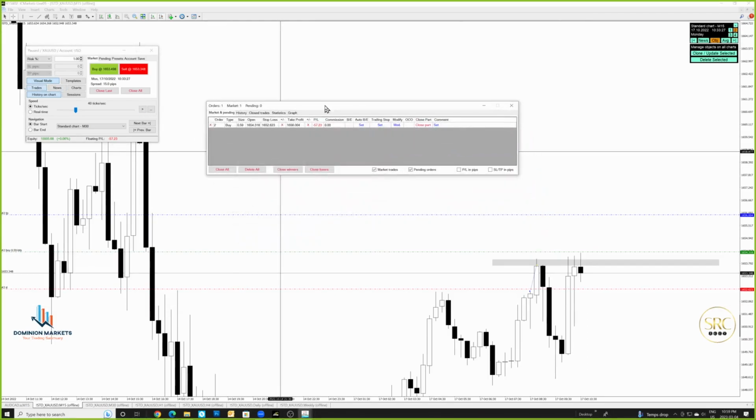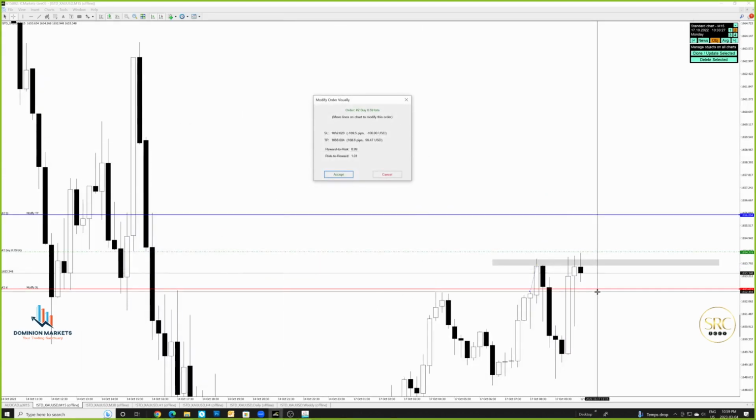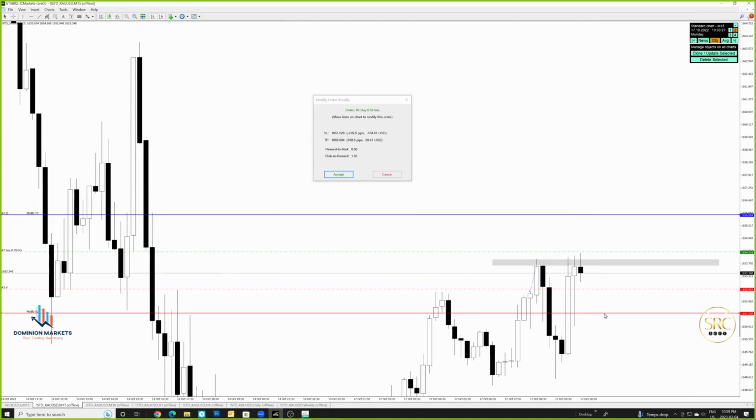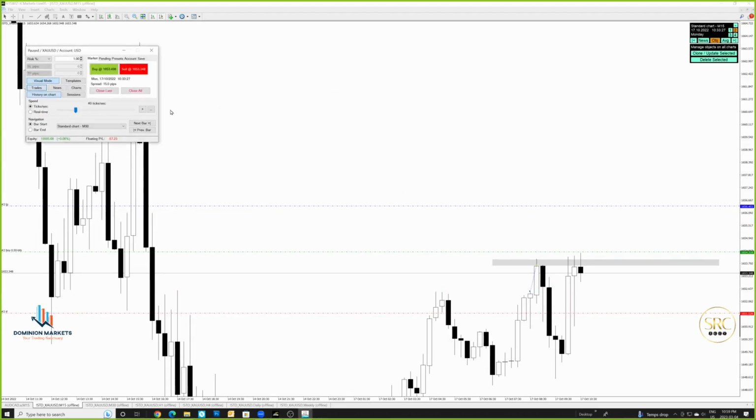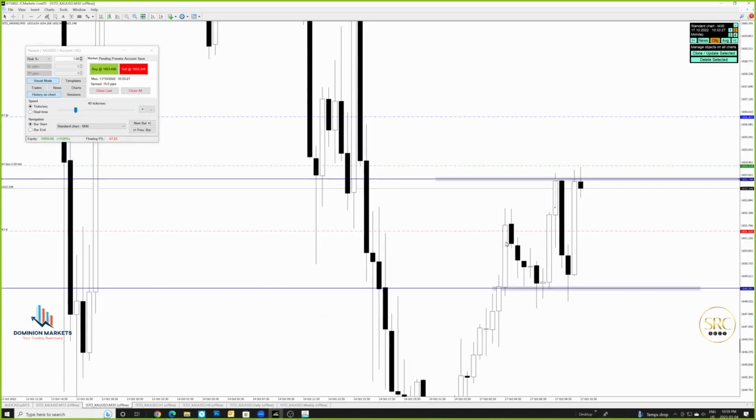Because to be honest, I think it would make sense to have it a little bit near the 15-minute time frame. Make it a little bit like 1 to 1, something like that. Because having it just under the low as it broke above the high in the first minute would be a little bit risky.